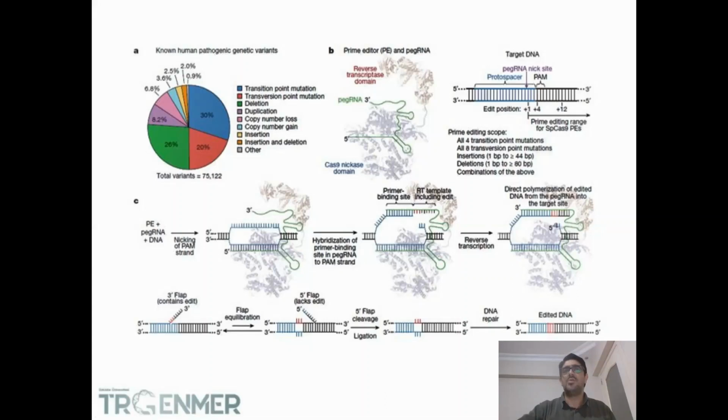And you can see here that not only the transition mutations, but also transversion mutations can be fixed with the help of prime editing. And not only like the base editor, but the prime editor system could also insert or delete any targeted sequences, up to 40 base pairs, and you can combine each of these modifications on your pegRNA sequences in the PBS and RTT site.